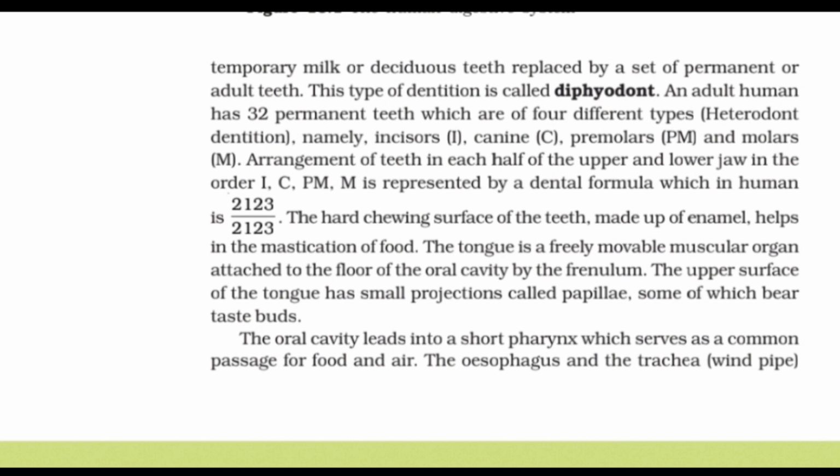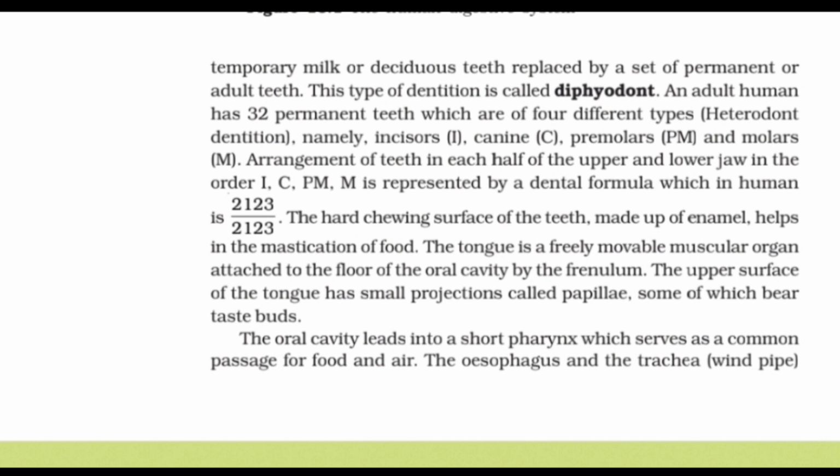An adult human has 32 permanent teeth which are of 4 different types: heterodont dentition, namely incisor, canine, premolar and molars. The arrangement of teeth in each half of the upper and lower jaw in the order of incisor, canine, premolar and molar is represented by a dental formula, which in human is 2123/2123.